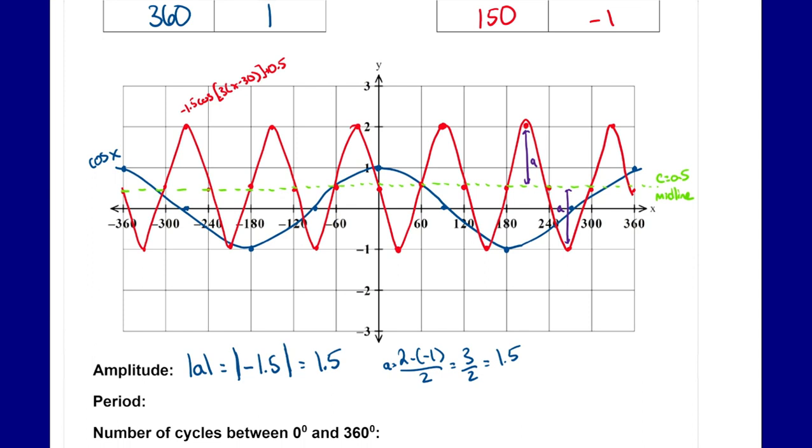The period, again, I could look at one cycle. This one's not too bad because I have maximum and minimum values to look at. So from here to here, this was 30 to 150. So my period would be 120 degrees.